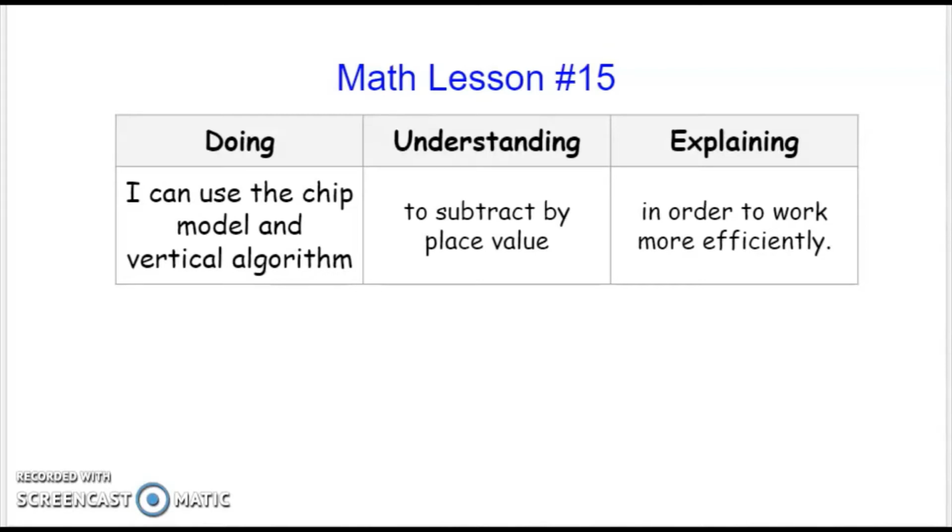Today's focus is going to be on the chip model, so keep an ear out for that as we read the objective. I can use the chip model and vertical algorithm to subtract by place value in order to work more efficiently. It's very important that our chip model matches our vertical algorithm. That is our focus for today.